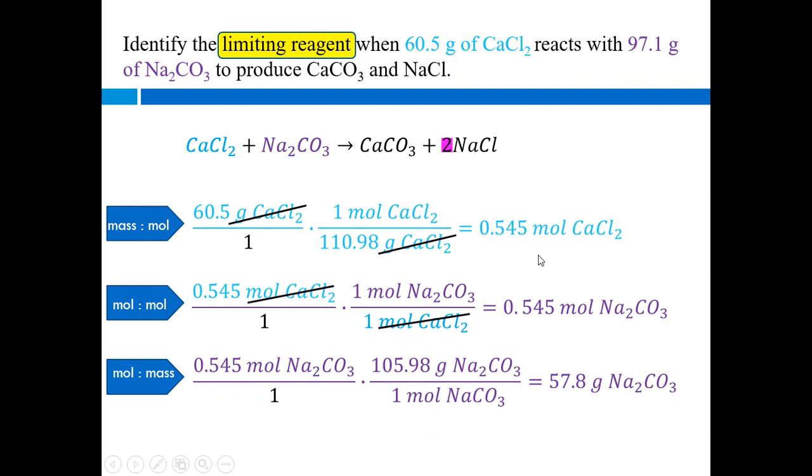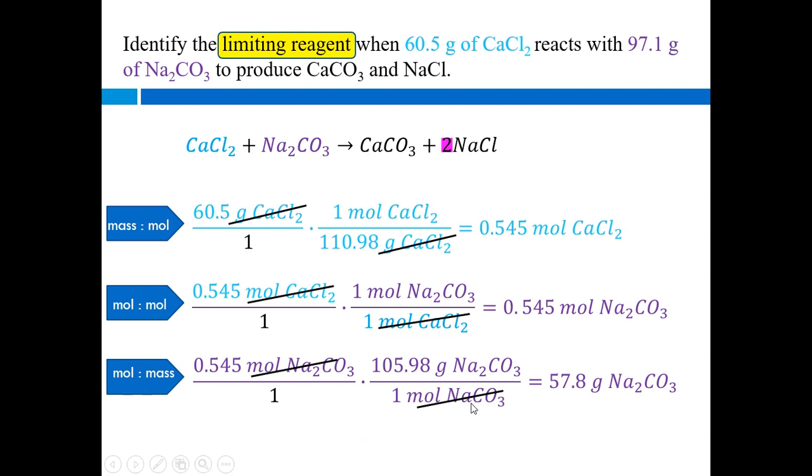In case you haven't noticed, I've done each step individually and I just carry the answer from the previous step as my starting point in the next step. So here's 0.545 moles of sodium carbonate, which is the answer from the last step. I want to start with that. But now that I know how many moles I need of sodium carbonate, I can now just go from mole to mass. So there's the moles of sodium carbonate canceling out.